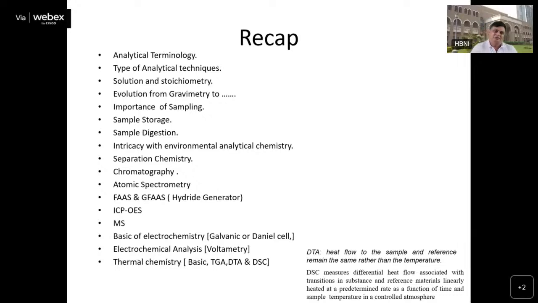Then we discussed sample digestion. Sample digestion is again a very crucial step. From the bulk of the matrix, you have to take a very, very small amount of your analyte, and one has to make sure that the whole analyte comes out of your matrix.